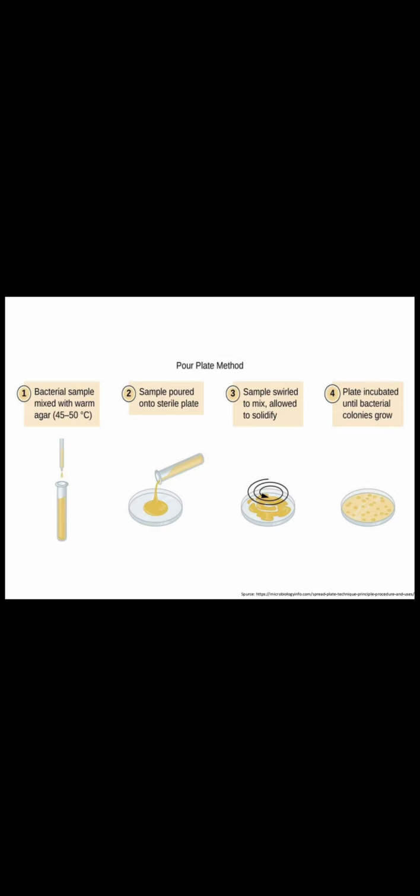So we mix the bacterial sample and warm agar, pour it into sterile plates, rotate the petri plates to spread the media evenly, and place them for incubation until the bacterial colonies grow.